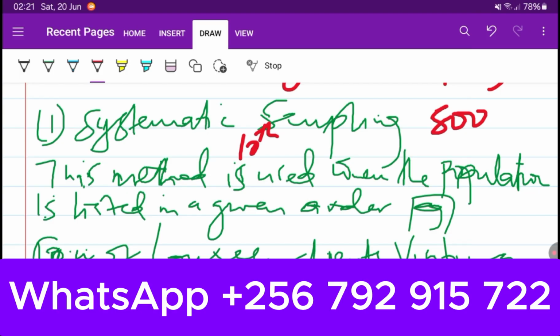So this technique is particularly applicable for a homogeneous population, when the population is similar, maybe we are all looking at students.